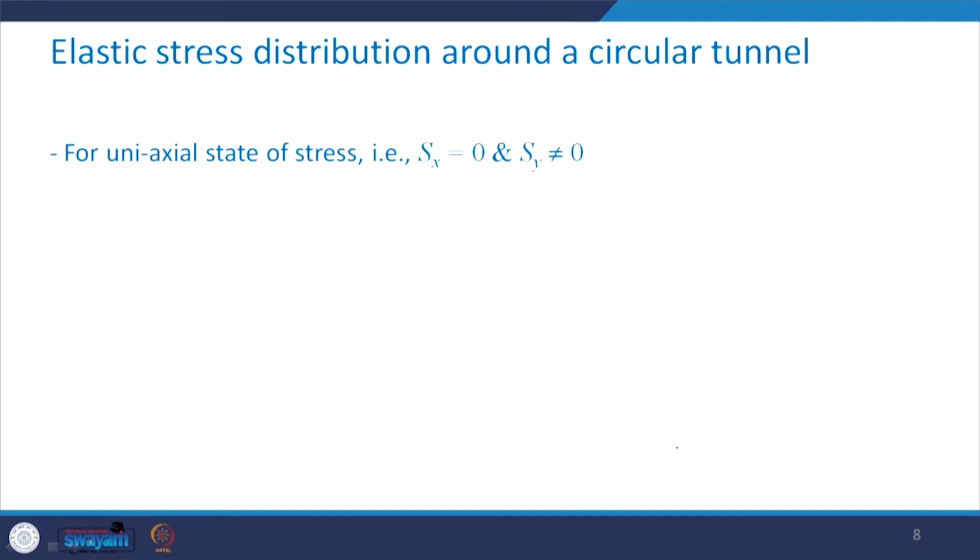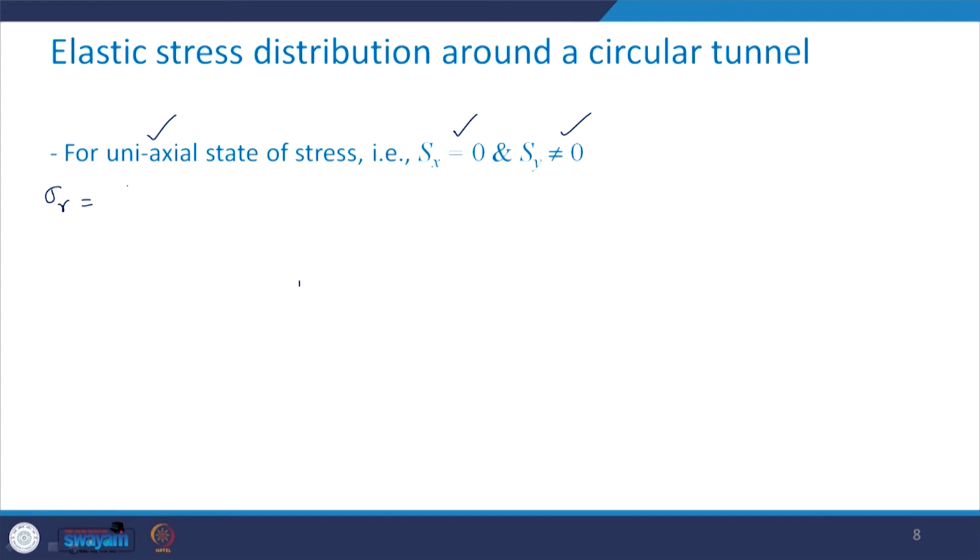Now, let us take another state of stress which is the uniaxial state of stress, in which case I will have Sx equal to 0, that means the applied stresses in the x direction are 0 and in the y direction they have a finite value. So, in such a situation what will happen to sigma r?